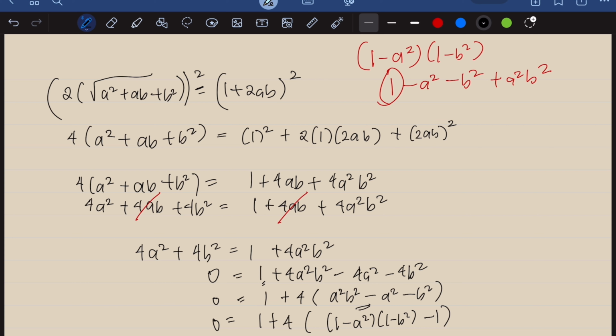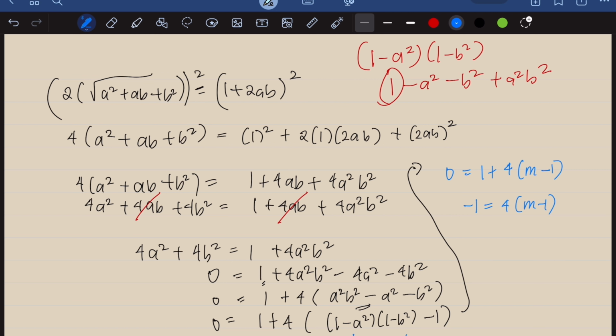Okay? So we put this here. Let's just consider this thing here as, let's say, m. So that we have the expression 0 equals 1 plus 4 times m minus 1. And the only thing left to do is to solve for m. So put the 1 on the right side to make it negative 1 equals 4 times m minus 1.